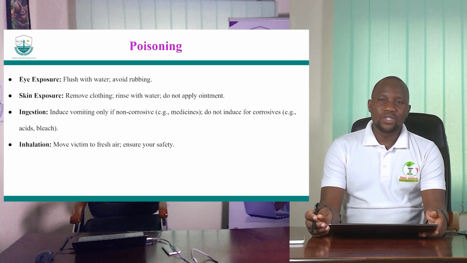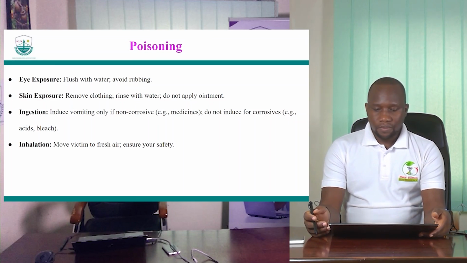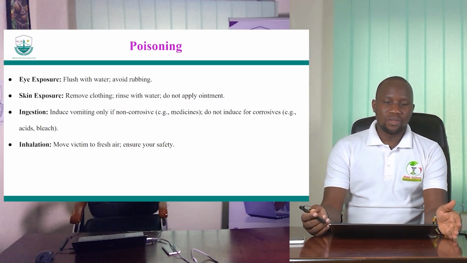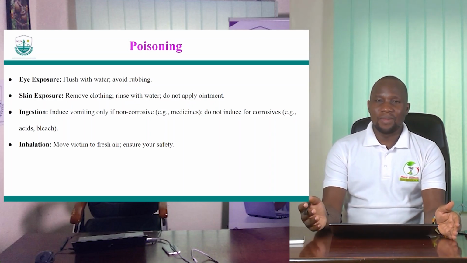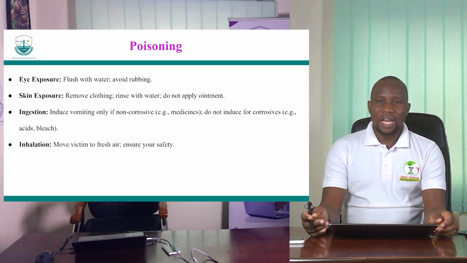So if the poison is corrosive, you really need to avoid inducing vomiting. And then of course, some of the poisons have their antidotes. If you take this poison, there is a drug that can be used to treat that poison. That's what you call an antidote.